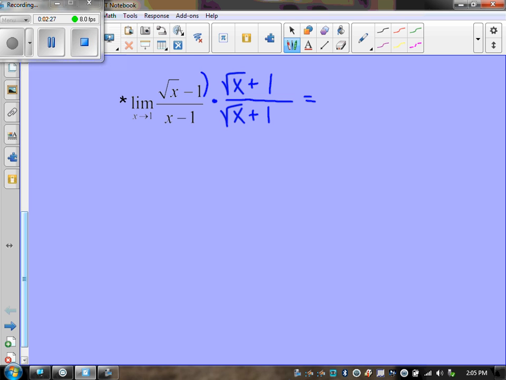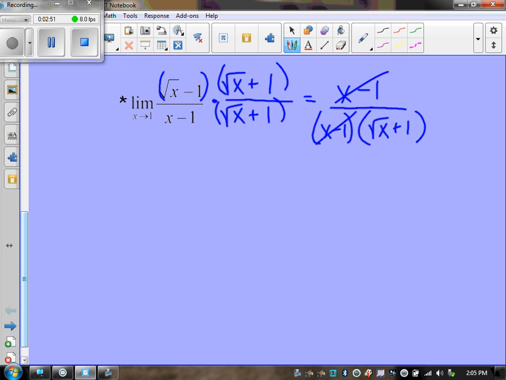Foiling it out, I have x, the square root of x times the square root of x is x, the square root of x times 1 is positive square root of x, -1 times root x is negative square root of x, so those ended up canceling, right? -1 times 1, I have an x minus 1 on the top. On the bottom, I have this x minus 1. I'm not going to distribute it through, because what happens from the top and the bottom now? Doesn't the x minus 1s cancel?